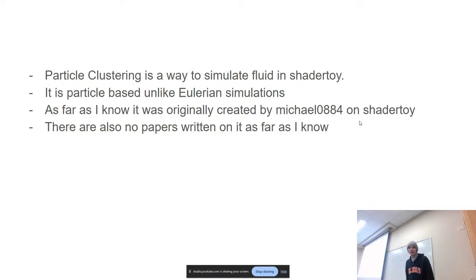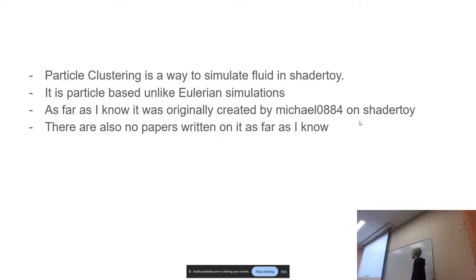So it's particle based. Most simulations on ShaderToy are Eulerian based, and that basically means that they work per cell rather than per particle. If you think about a grid like this, instead of simulating tiny points, it's just an entire block, which is great for, for example, simulating air or smoke.